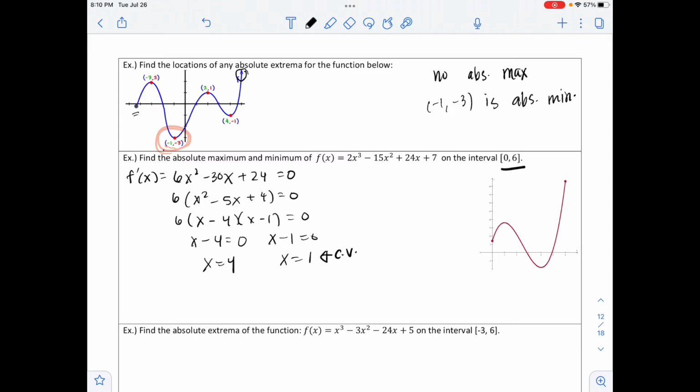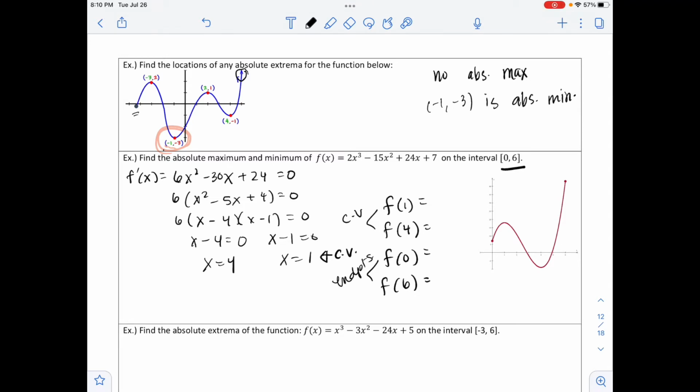So we need to find the y value for this function when x is equal to 1, when x is equal to 4, and then in addition at our endpoints, which is at 0 and at 6. And so again, these are our critical values. These are our endpoints.